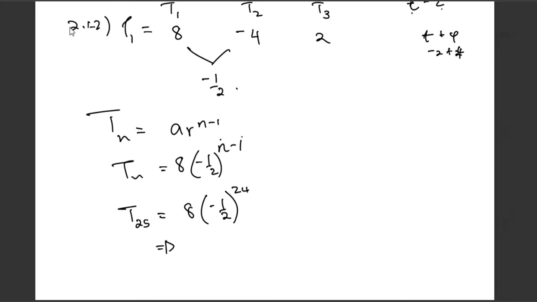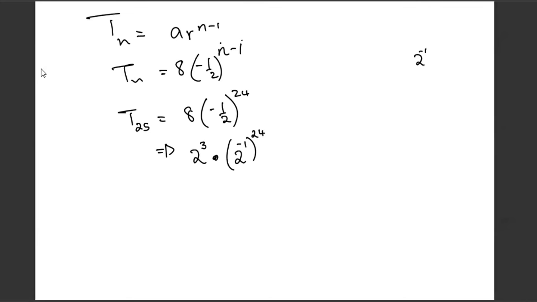I'm now going to express 8 as a base of 2, which is 2 cubed. And I know that 1 over 2 can also be written as 2 to the negative 1. So 2 to the negative 1, and then I have a 24 there. Then I'll introduce this negative 1 with the 24.